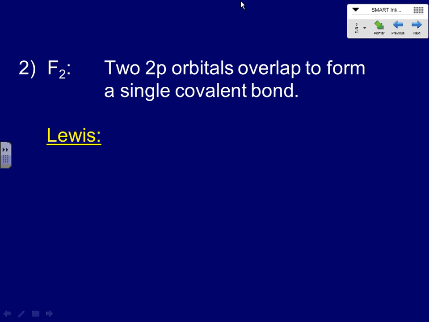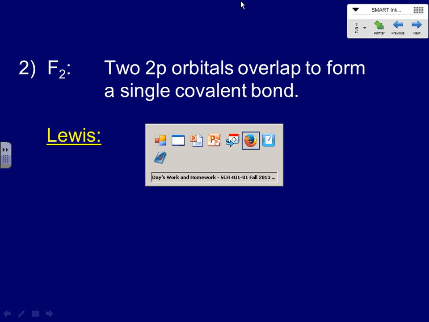And the starting point is always a Lewis diagram. By the end of this procedure, I'm hoping that you can just look at a Lewis diagram and be able to think about what type of bonding is in there, and in the end, what's the shape of that molecule. You should be able to do this, if this process works the way I hope it works. So I'm going to switch now to the Smart Notebook.